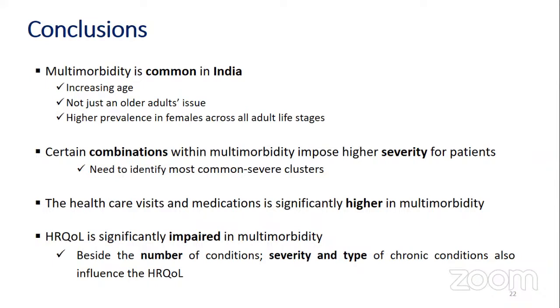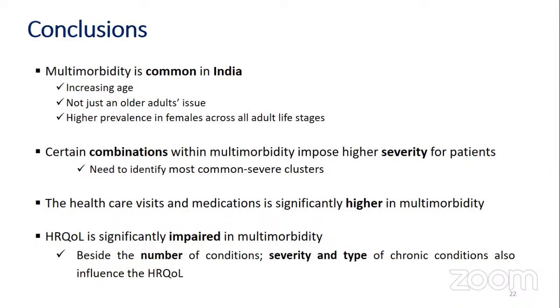So even the government considers that it is not just an older adults' issue, and prevention should always be at an earlier age. Then we see higher prevalence of multimorbidity among females and across all adult life stages.